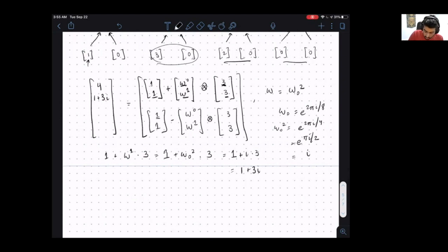This is 1 minus 1 times 3. So this is 1 minus 3, which is minus 2. And similarly, this is 1 minus, well, omega to the 1. We know that omega to the 1 is the same as omega naught squared. And we know that omega naught squared is i. This is 1 minus i times 3, which is just 1 minus 3i.